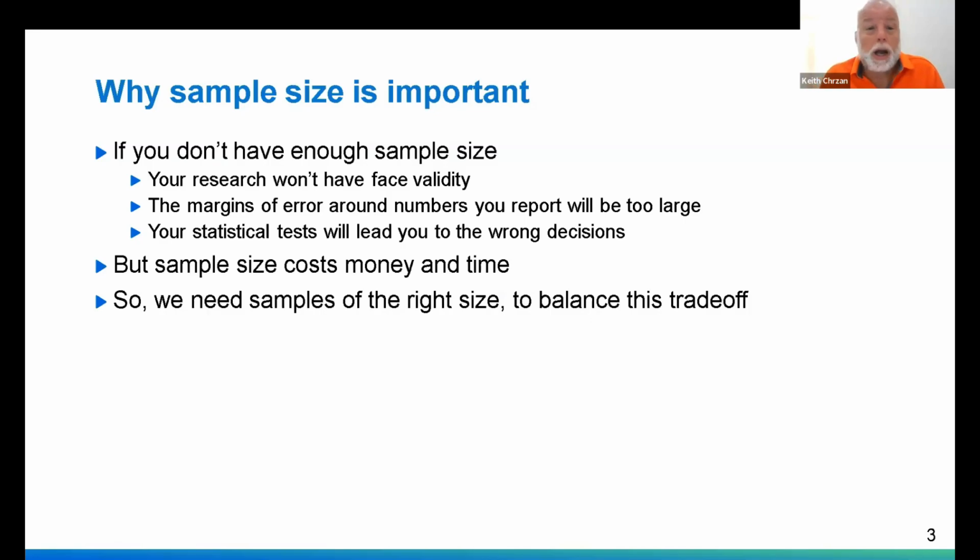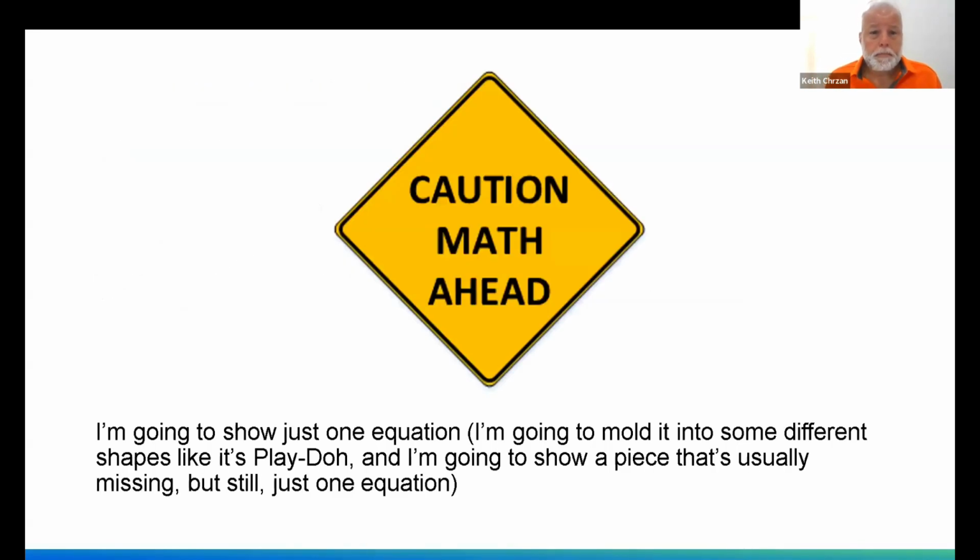But of course, sample size costs money, and having larger samples sometimes takes longer in the field, and time and money are two pretty important things too. So we really need to size our samples properly, because we want to balance this trade-off between the bad stuff that happens from too little sample and the bad stuff that can happen from having too much.